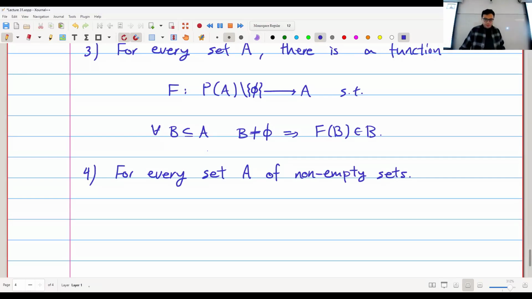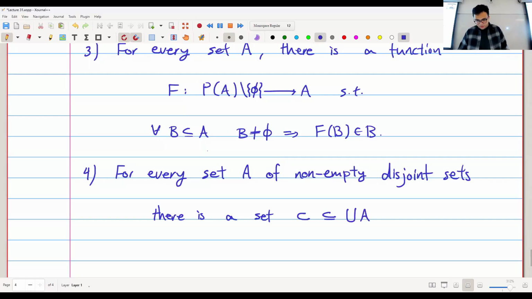For every set A of, actually, I should say non-empty disjoint sets, there is a set C, and this C is a subset of the union of A, such that for every A in A, the intersection with C has exactly one element.